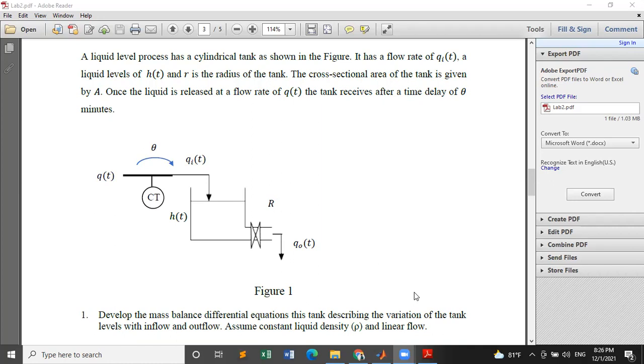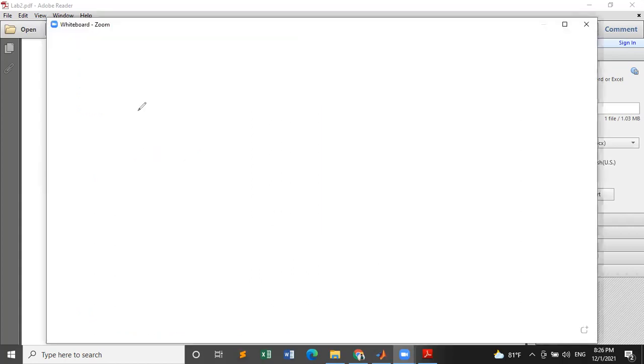Yeah, we'll start like this. Let's say you have a cylindrical tank. Let's say the radius is 4 meters, right?